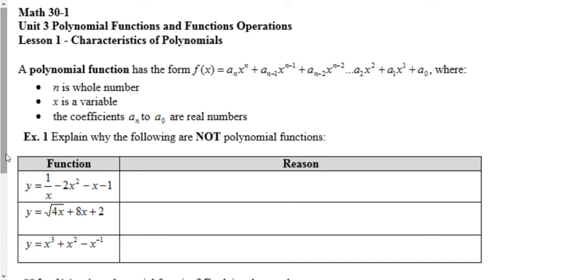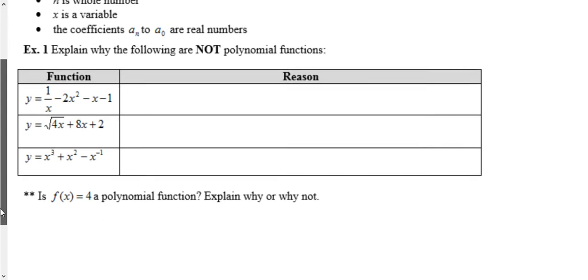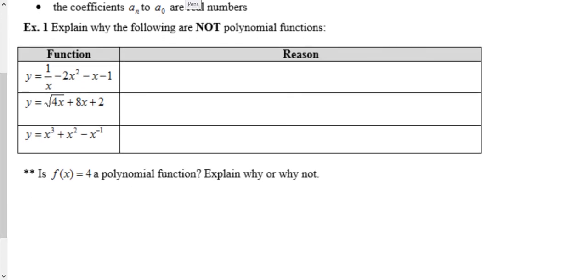So, in example 1 here, we're asking you to explain why the following are not polynomial functions. So what makes these examples not a polynomial function? So right away in this very first example, hopefully you see, there's 1 divided by x. So this 1 over x here is going to make it not a polynomial function. 1 over x is the same thing as saying x exponent negative 1.